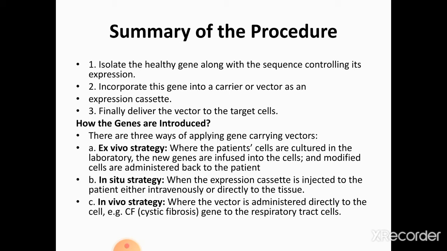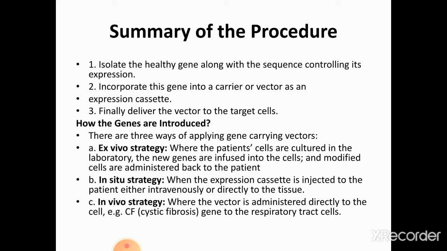Then the vector is delivered into the target cell. So first is isolation, then the gene is incorporated into a vector, and next the vector is delivered into the target cell. That is the summary of the procedure.